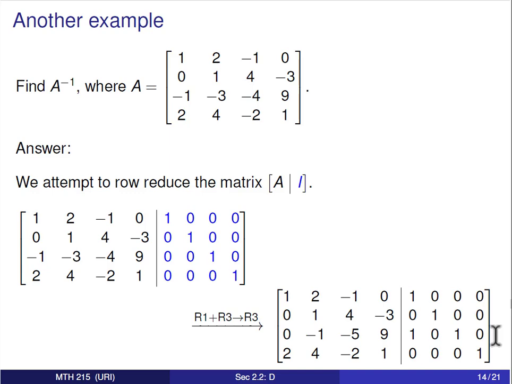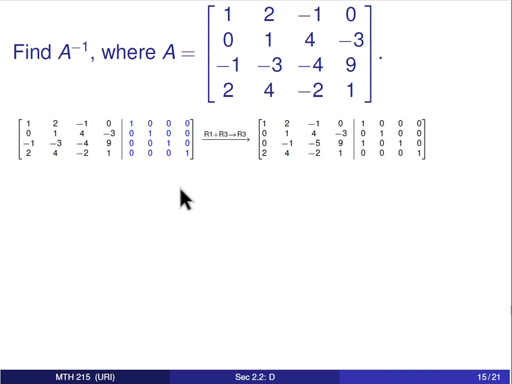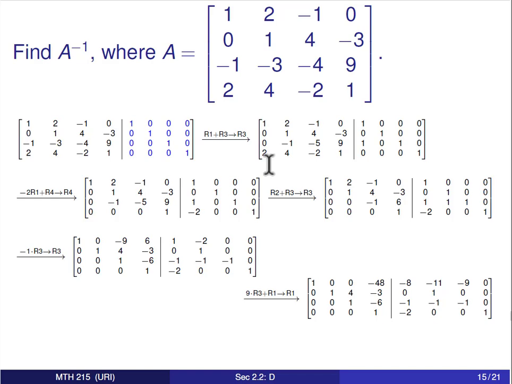And then we would continue on. I'm going to need to take -2 of that first row and add it to the last row. And to save a little bit of time, I'm just going to copy this and let you take a look at this. Go ahead and pause the video. If you haven't already, you might try just doing this on your own without looking at the slide and then checking your work.